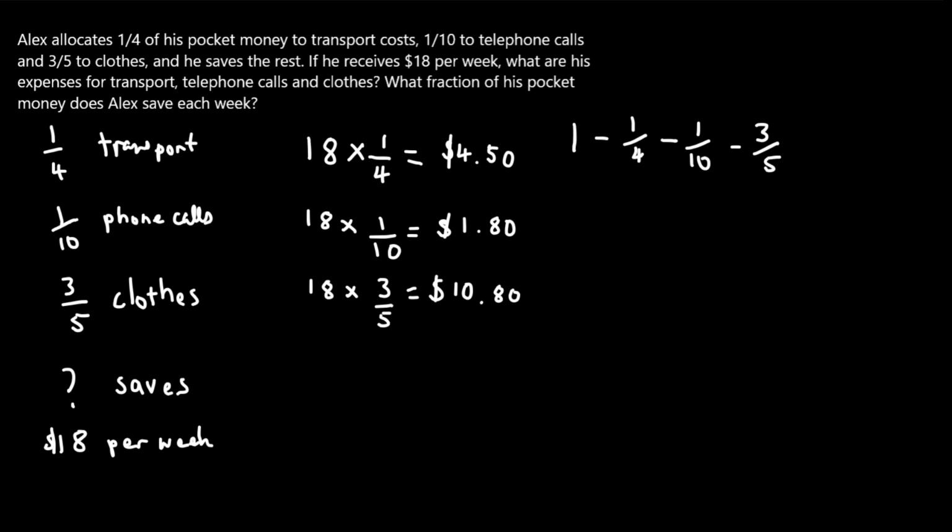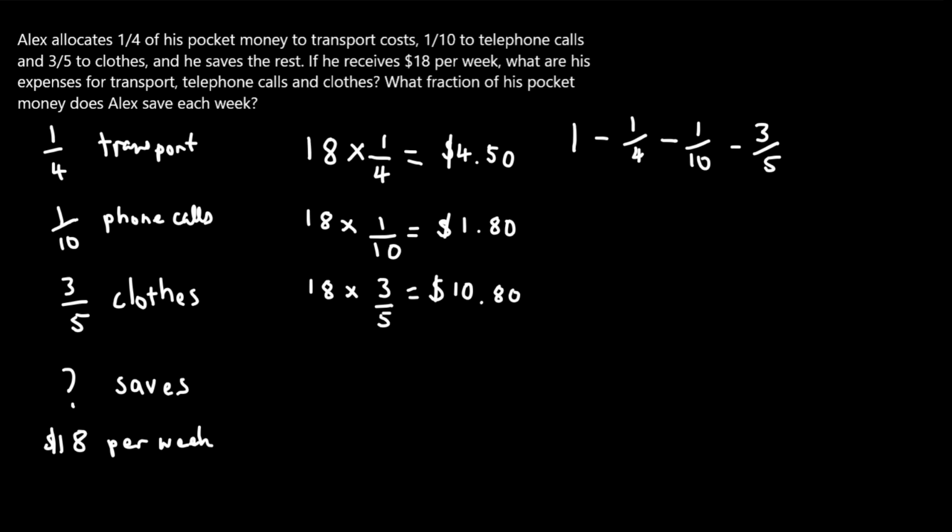Now this does not look nice, this fraction question, and we can't do it right now. What we have to do is work out the lowest common denominator for each of these numbers. So there's 4, there's 10, there's 5 as our denominators.